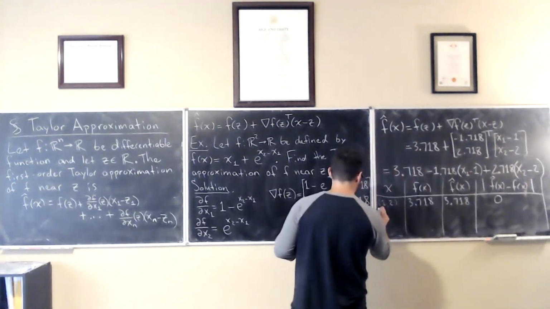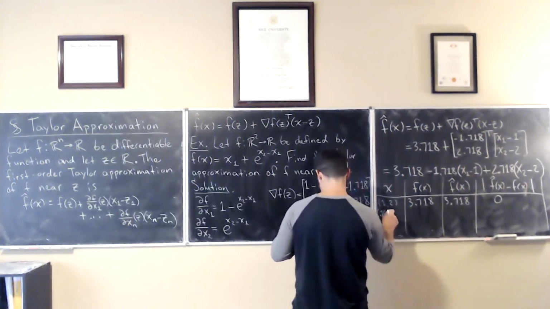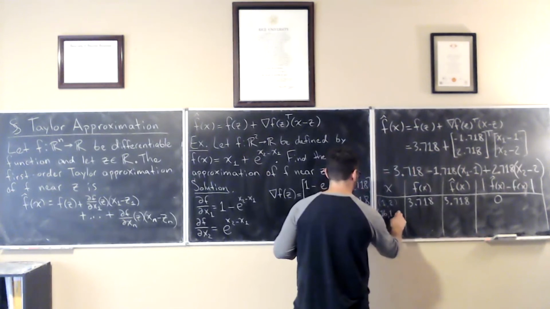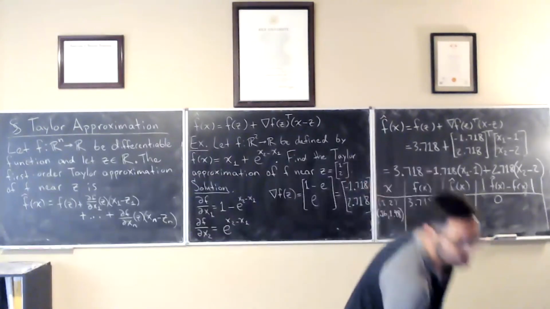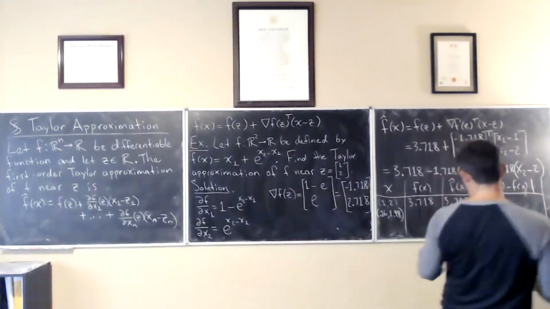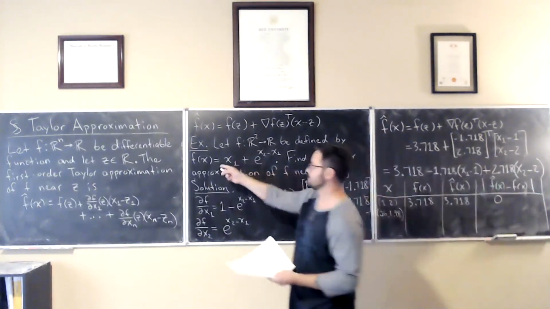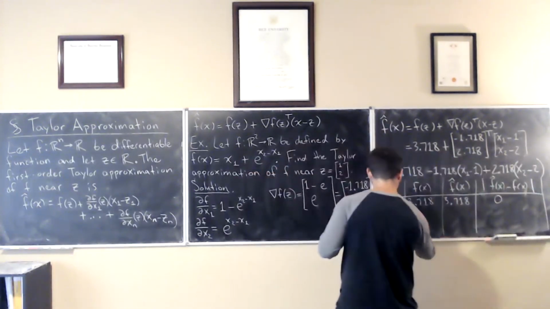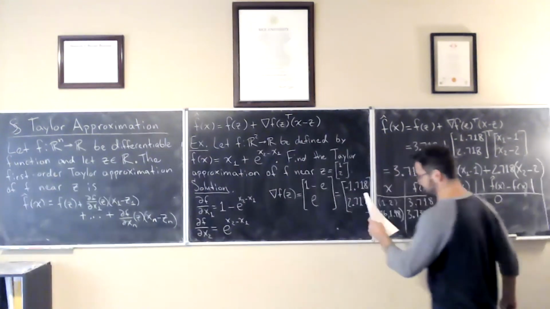Okay, so what about the vector (0.16, 1.98)? So that vector is really close to that vector. So if we plug this into the original function, we get 3.7332.